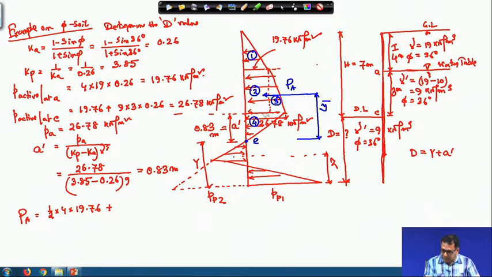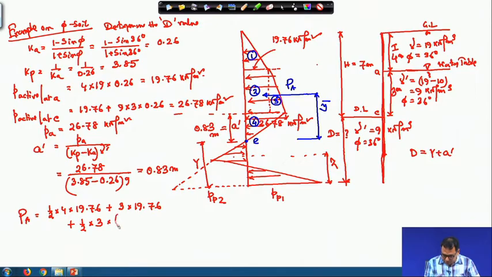Now, for the second part, this rectangle, this is 19.76, height is 3 meter. So, this will be 3 into 19.76. Then plus the third portion, the height is 3 meter and the total is 26.78, this is 19.76.